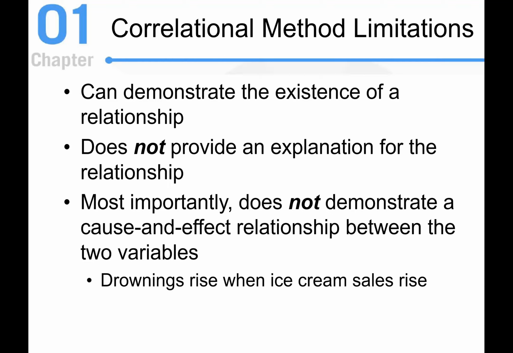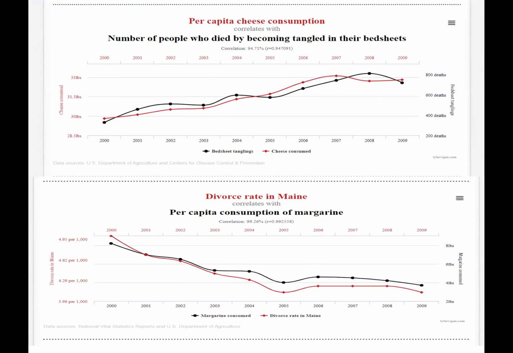Also, when temperature increases, people tend to consume more ice cream. Both of those go up as the temperature goes up. These are some other funny and weird correlations. Again, correlation does not imply causation.